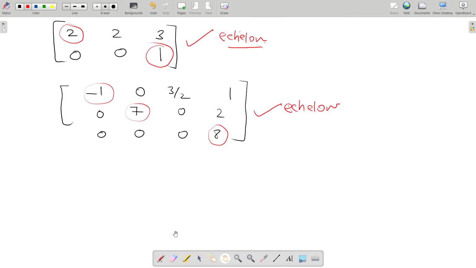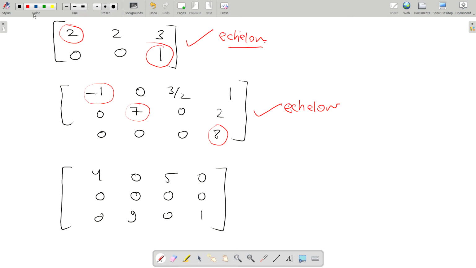Another example. Let's take 4 0 5 0 0 0 0 0 0 9 0 1. This is my leading entry, and there is no leading entry here. This is my leading entry. So this is not echelon. You know why? Because this does not satisfy the first property.